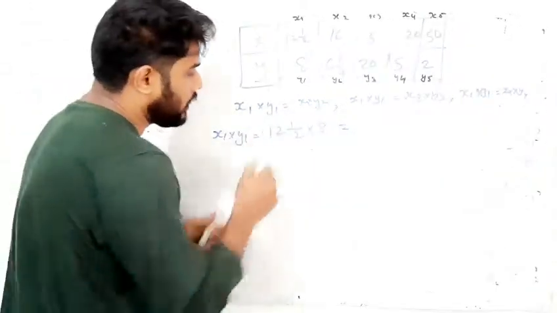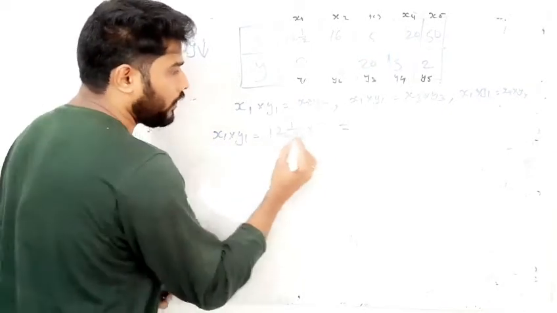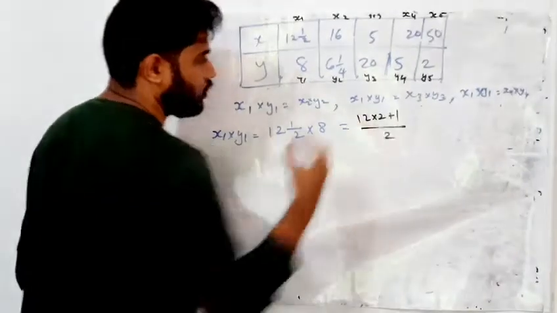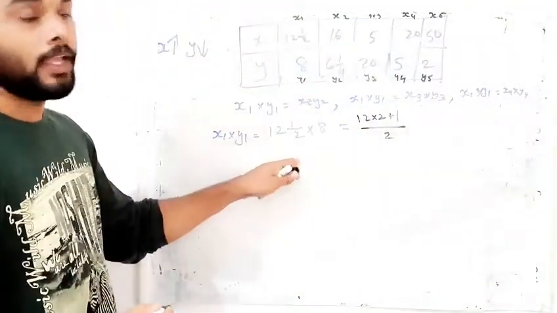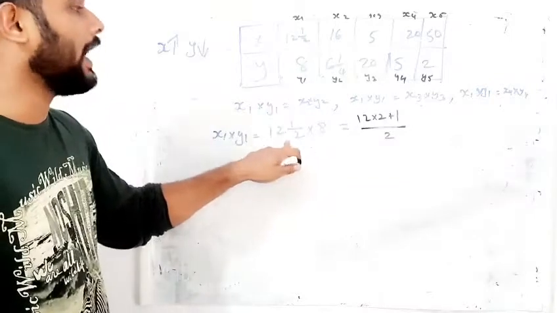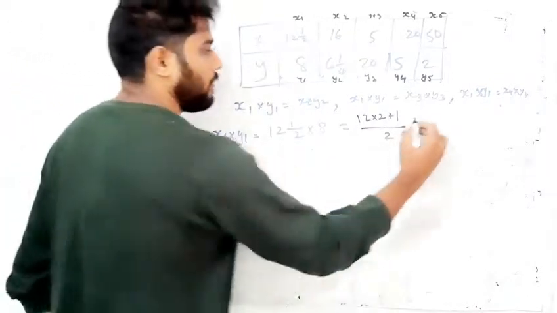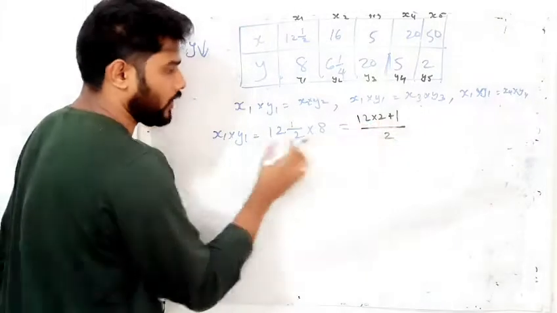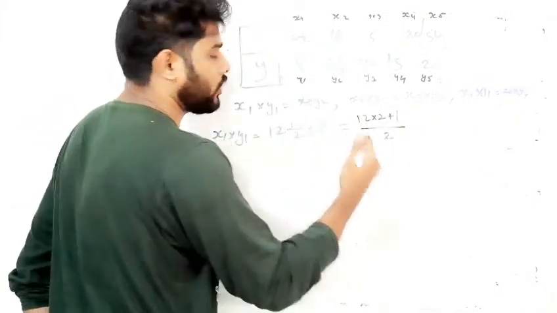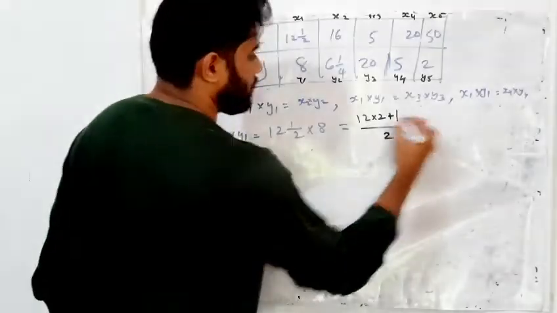How will we convert it? 12 into 2 plus 1 divided by 2. Then we will get an improper fraction. We are converting the mixed fraction into improper.